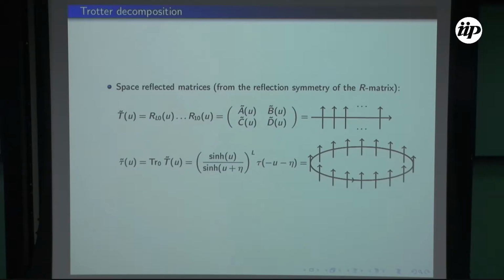And in order to take the Trotter limit, you also have to define the auxiliary space reflected transfer matrix, which is where you change the direction of the arrow. But what is important, what we're going to use, is that you can relate this auxiliary space reflected transfer matrix to the normal one.